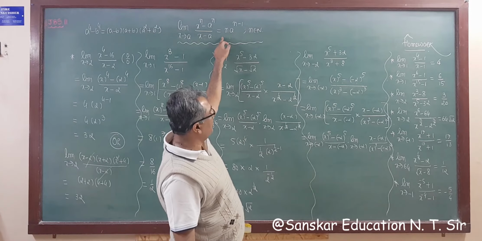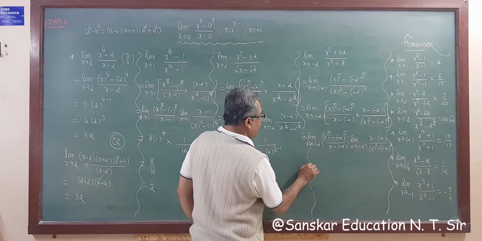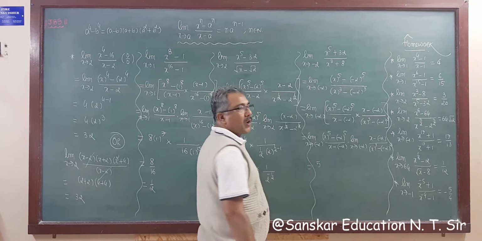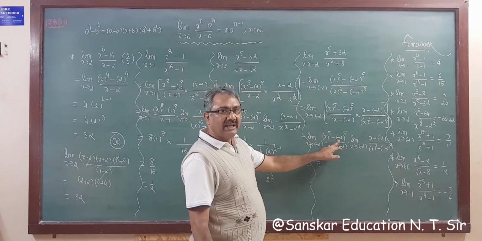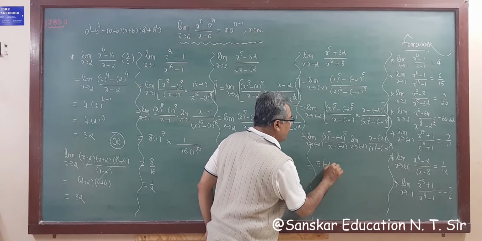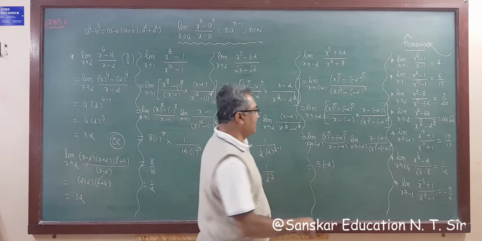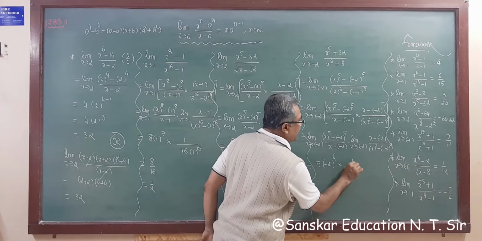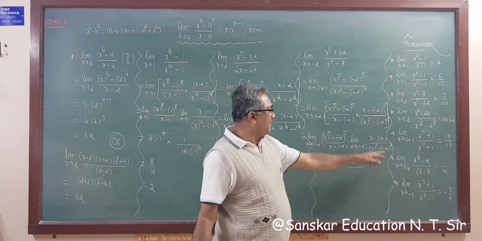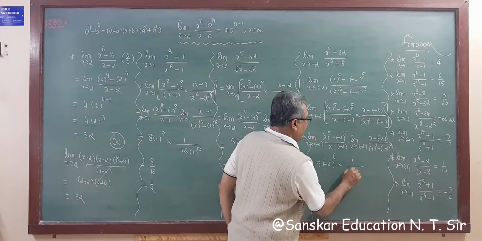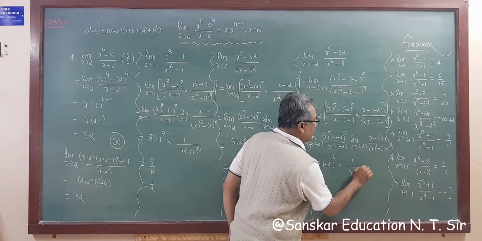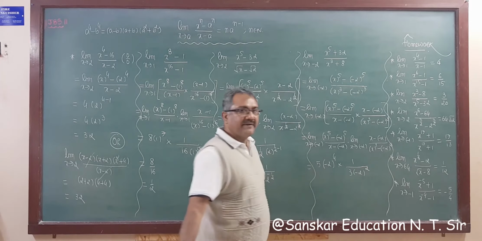Now applying this formula, the answer is 5 into a raised to n minus 1, where a is minus 2 and n is 5, so the power is 5 minus 1, that is 4. Into 1 upon n is 3, a is minus 2, and its power is 2, the square.